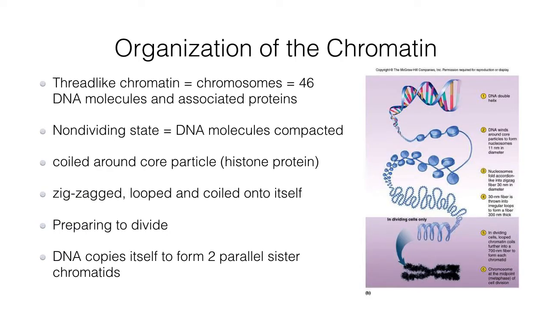Okay, so if we look here, if we break open the chromosome, you would see the organization of the chromatin. It's a thread-like chromatin which made up the chromosome. Okay, and you will see the DNA were compacted in a coil around a particle named histone protein. And this DNA copies itself to form two parallel sister chromatids.